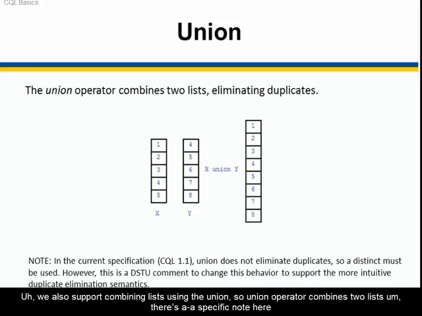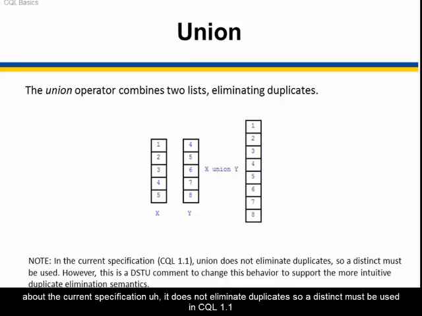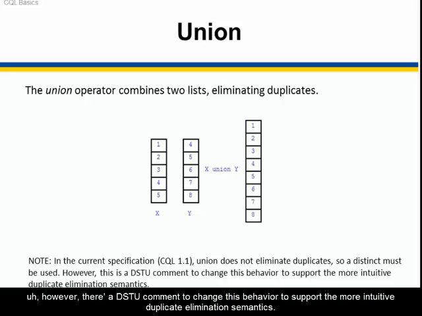We also support combining lists using the union. So union operator combines two lists. There's a specific note here about the current specification. It does not eliminate duplicates, so a distinct must be used in CQL 1.1.